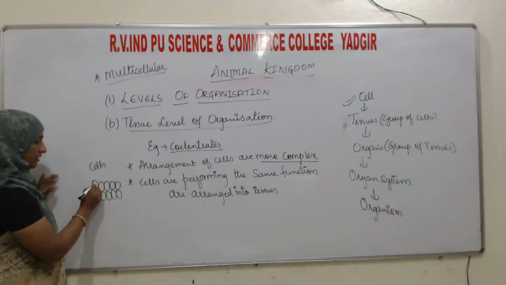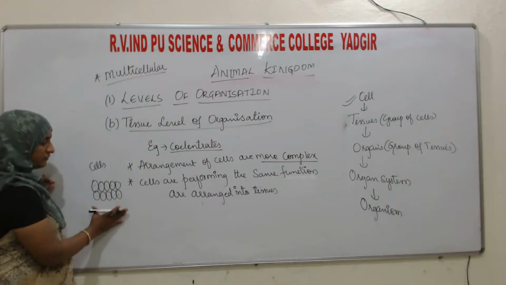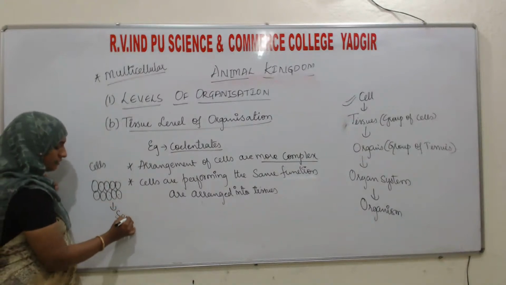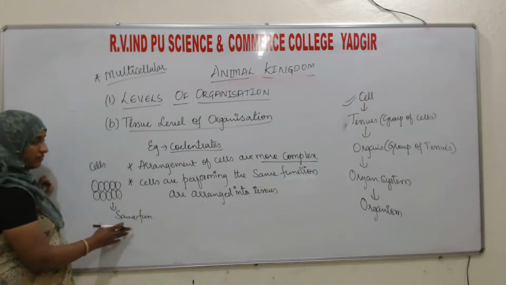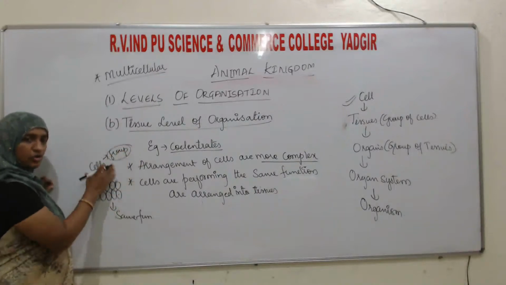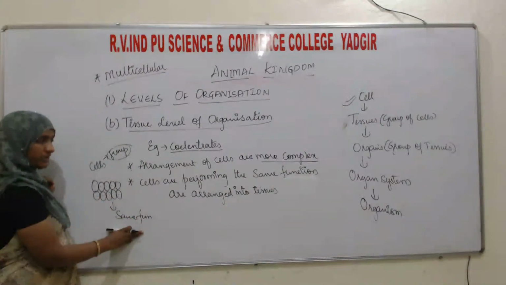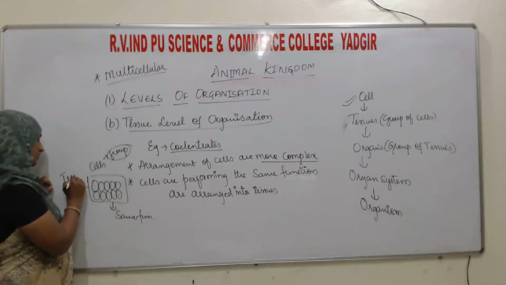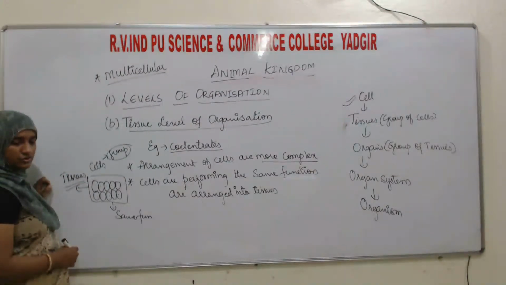This group of cells, first of all, has a complex arrangement, and then performs the same function. The cells are grouped compactly packed together, performing the same function, and we can call this the tissues.